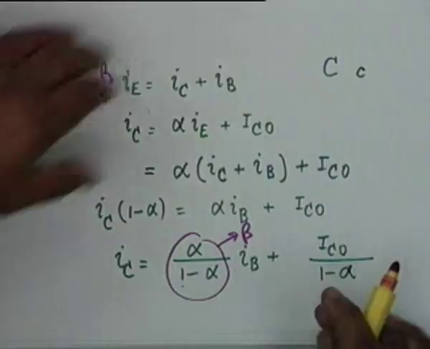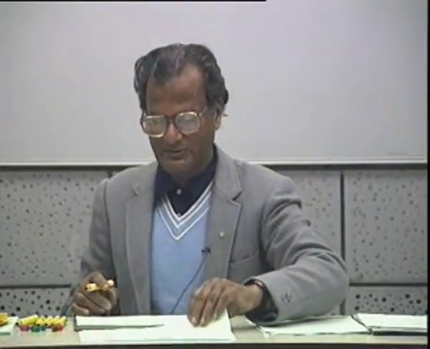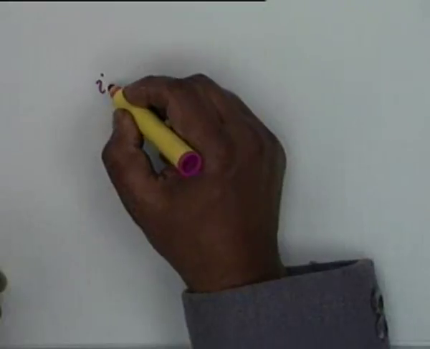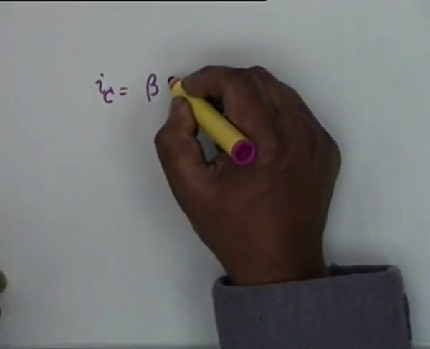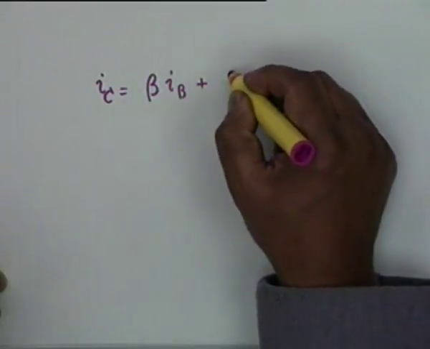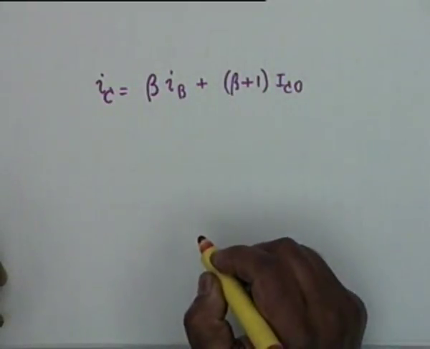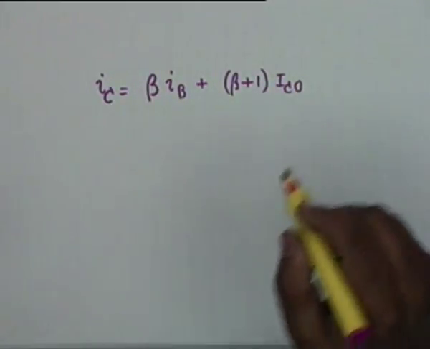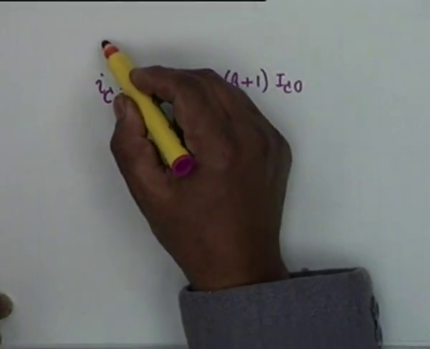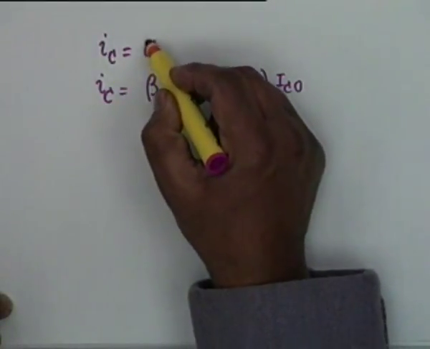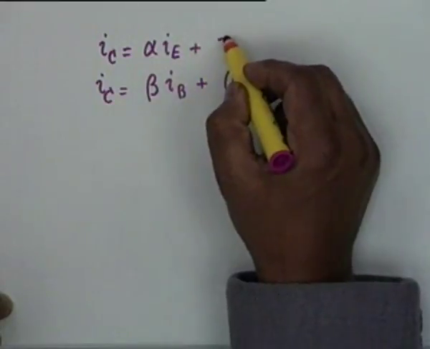Agreed? Therefore, my final relationship becomes I sub C is equal to beta I sub B plus beta plus 1 times I sub CO. Okay. And as you can see, the previous relation was I sub C equal to alpha I sub E plus I sub CO.